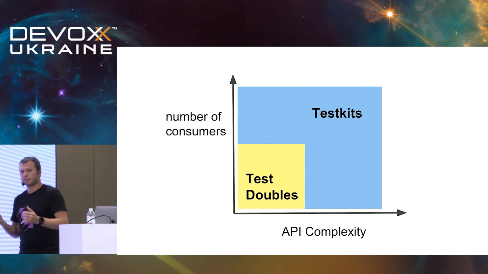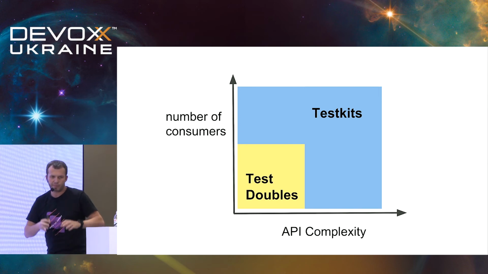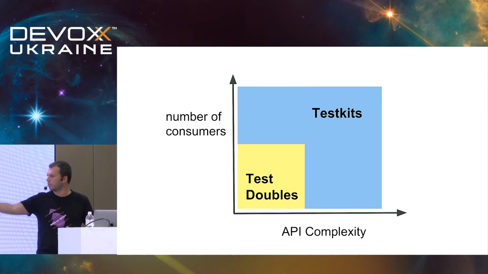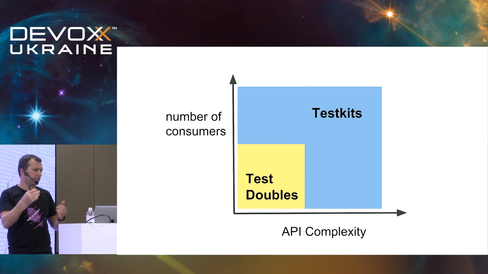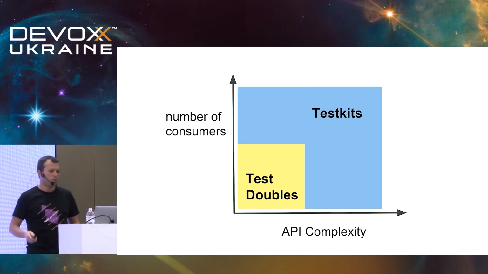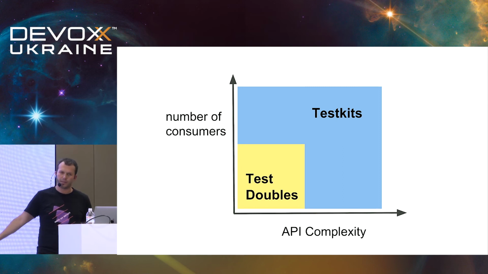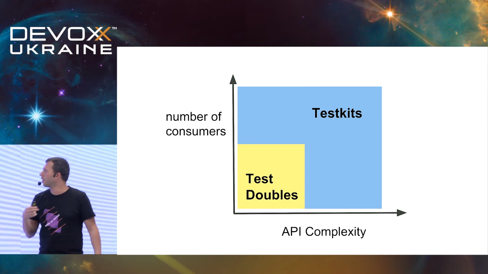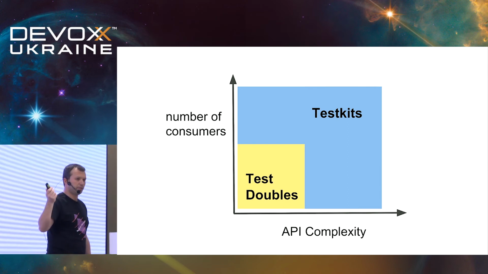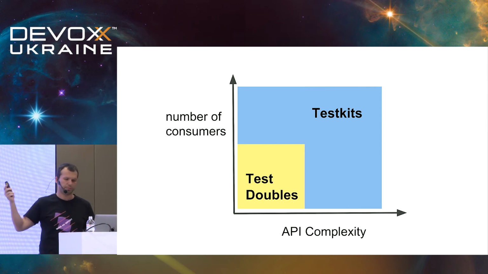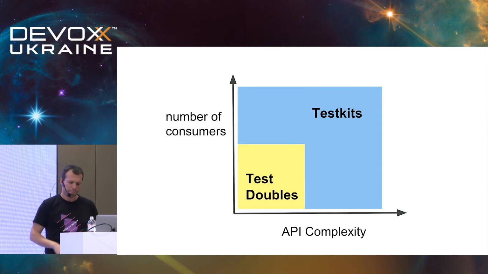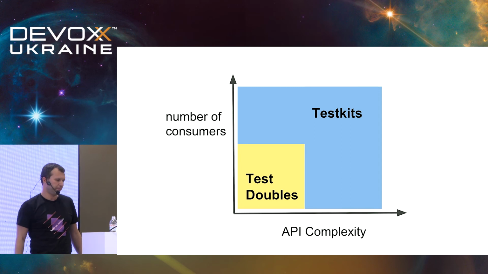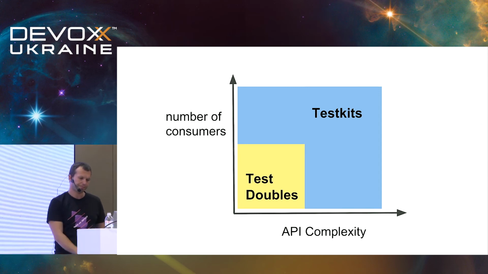Also, if you have the same team developing a few microservices that communicate between them, the test doubles are good enough, because you know on every change the communication is good. Once the API complexity gets higher or the number of consumers gets higher, I think test kits have the advantage here. The work that needs to be done to make test kits pays off when it's high.